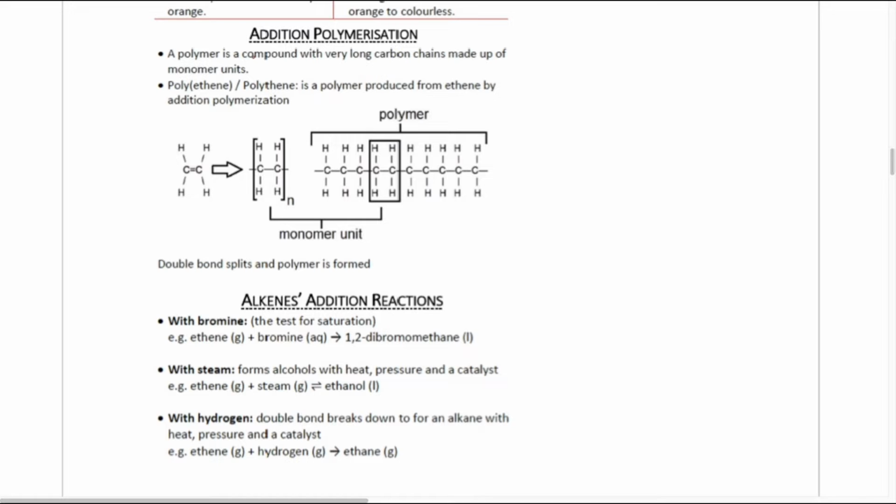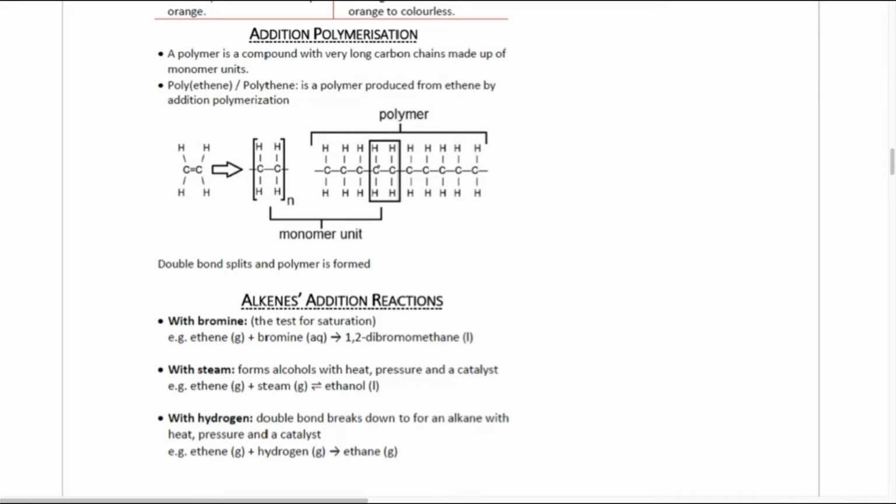So a polymer is a compound with a very long carbon chain made up of monomer units. So the monomers join up. Monomer had a double bond, polymer no more double bond. For example, polyethene. Polyethene is where the ethene joins up and it becomes polyethene.